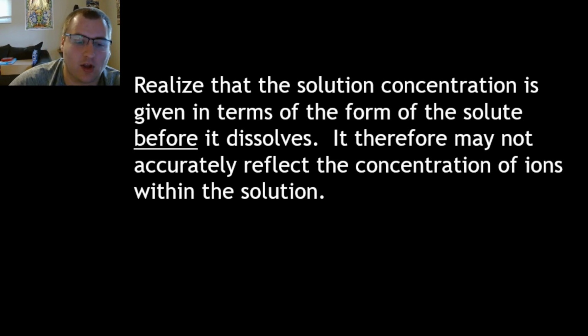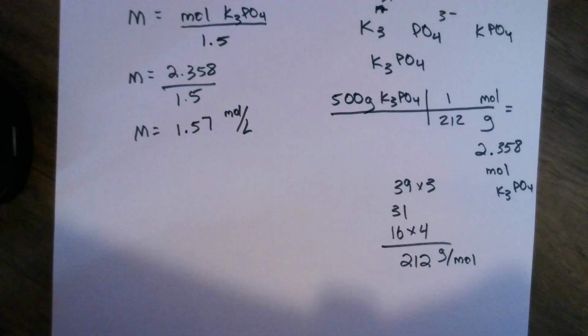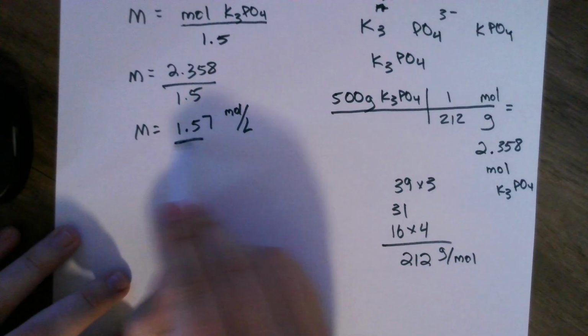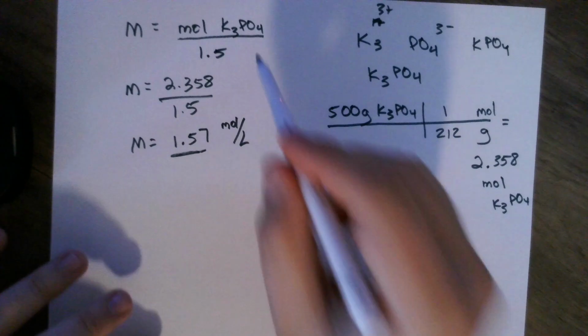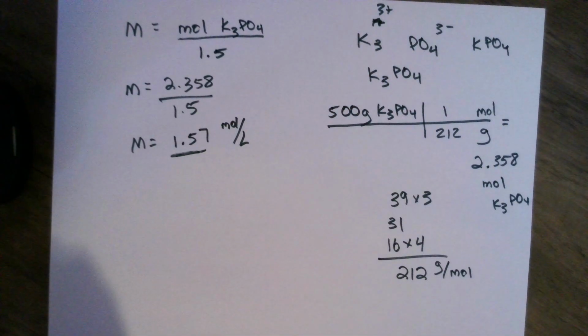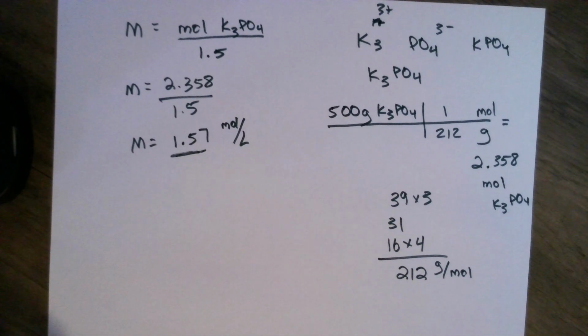What that means, if I go back to my answer here, this molarity is the molarity of my K3PO4 before it dissolves. When this dissolves, it's going to split apart into multiple different things. But this is the molarity of just that entire compound before, but not necessarily the molarity of my potassium ion in my solution. So let's talk about what that's going to look like.